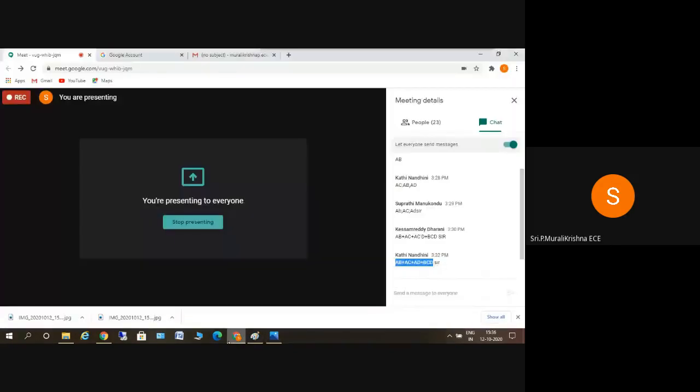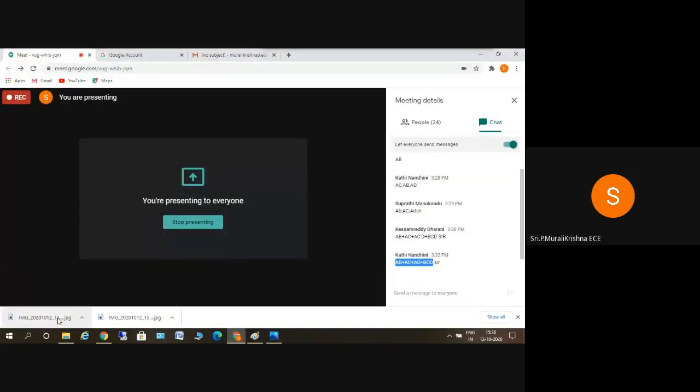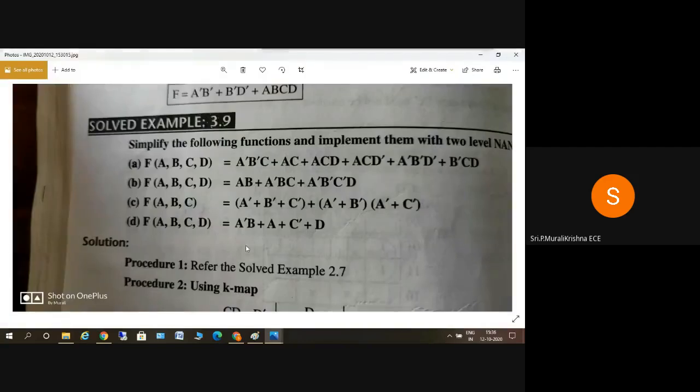So these are the problems, and we have one more model. When you solve all these problems, you'll definitely get an idea of Kmaps. What I need is perfection, and perfection comes with more practice, solving more and more problems. Wait, I'll show one more.